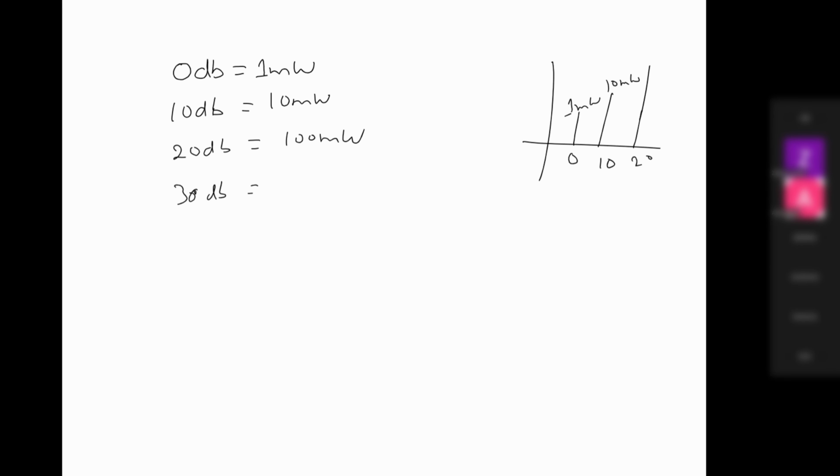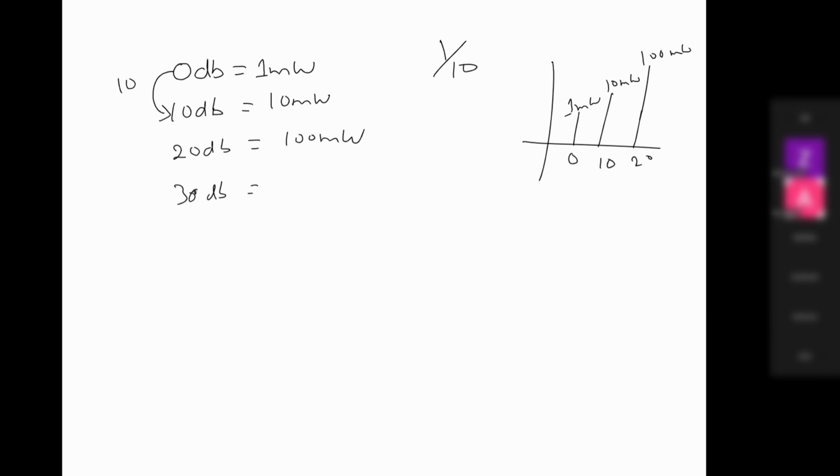And why is it like this? Deci means what? Deci is 1/10. For example, if you have this 0 dB, you have increased this by 10, right? 0 to 10.